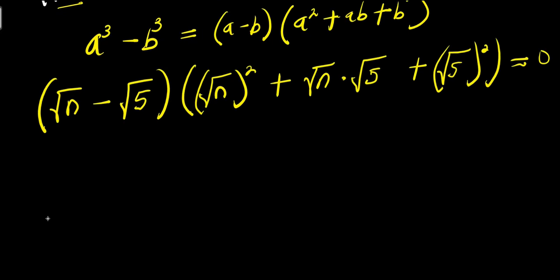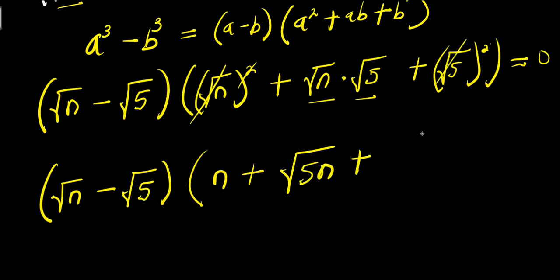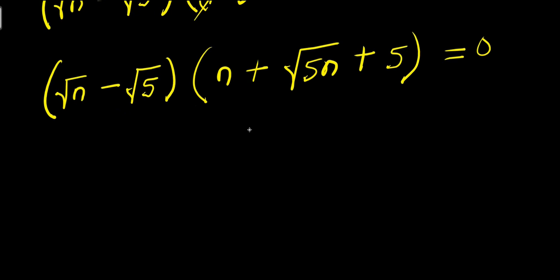So from here, I have square root of n minus square root of 5. Then this cancels this, I have n plus this times this, I have square root of 5n, plus this cancels this, I have 5, and this equals 0. So let's equate each of these to 0.